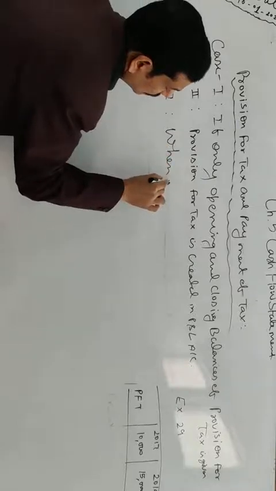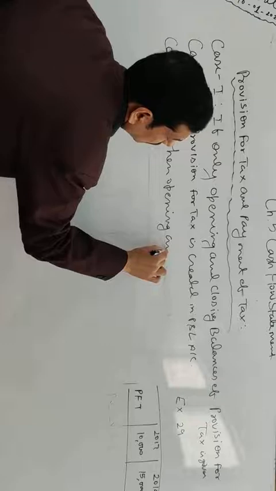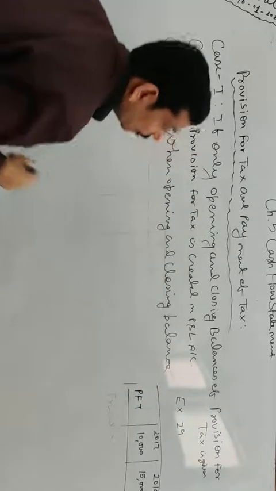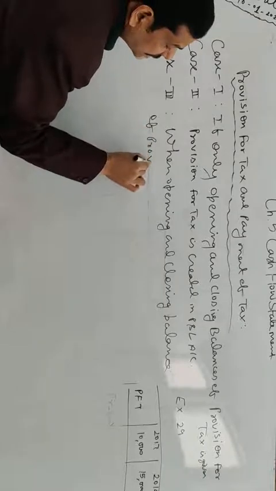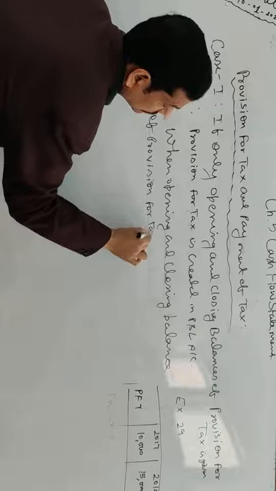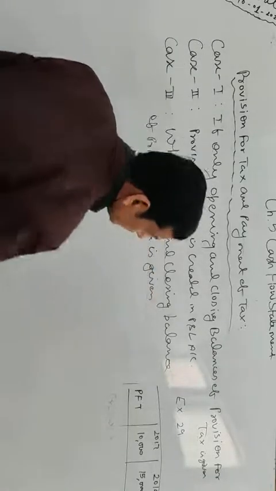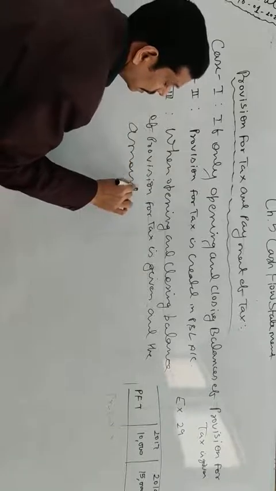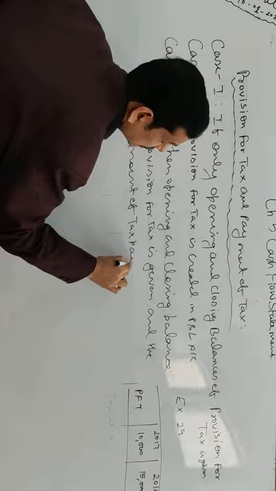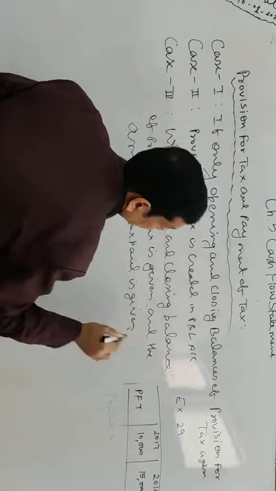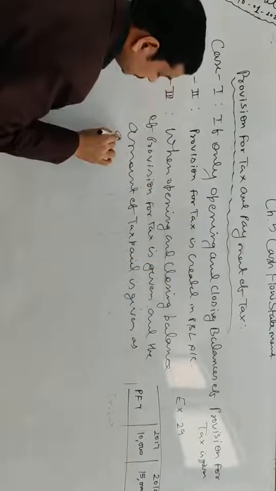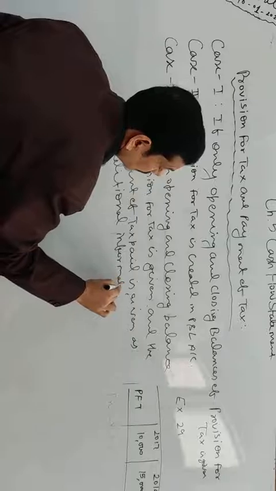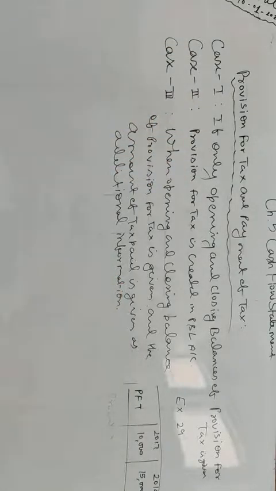When opening and closing balance of provision for tax is given, and the amount of tax paid is given as additional information.